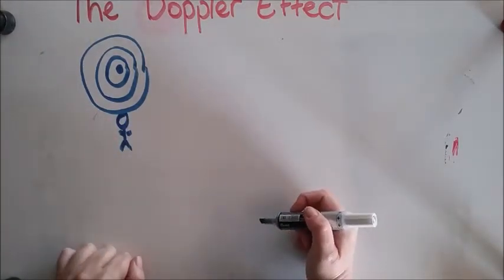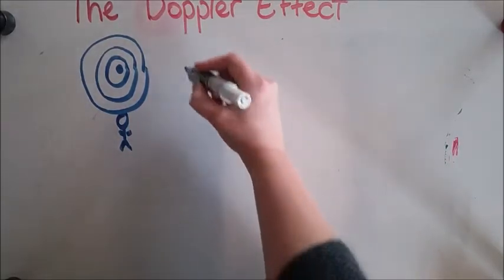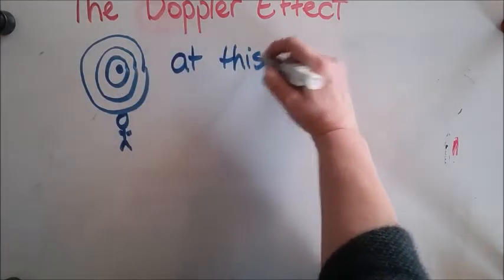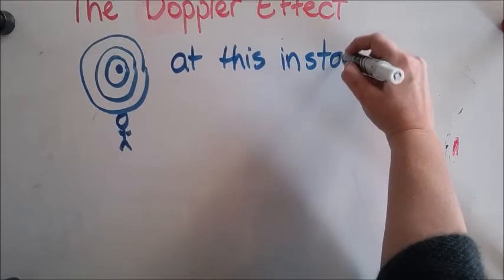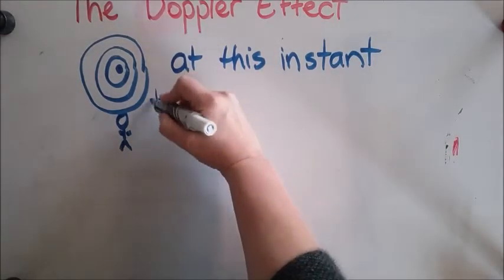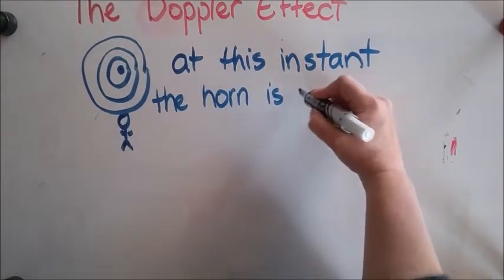Therefore, the person will observe 250 hertz. So the key things that you need to talk about are at this instant, so you're making it clear that you understand that this is an instantaneous event.